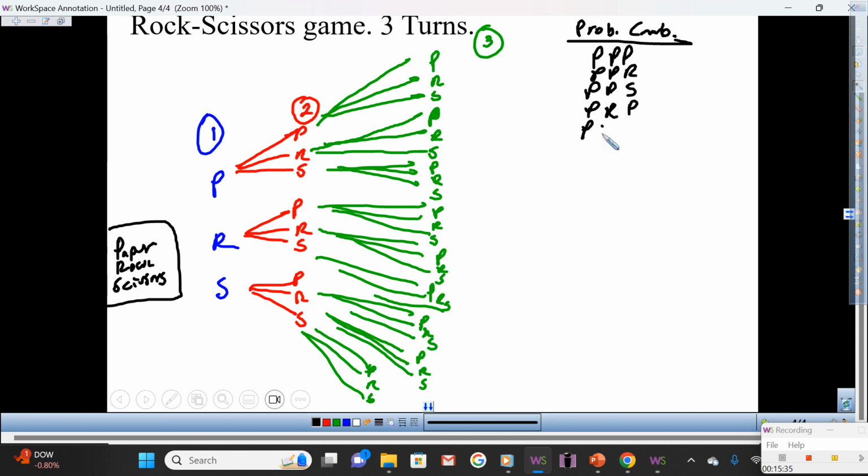Paper, rock, rock. Paper, rock, scissors. Paper, scissors, paper. Paper, scissors, rock. Paper, scissors, scissors.